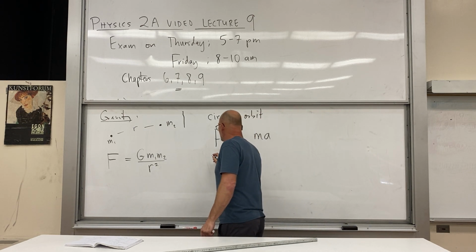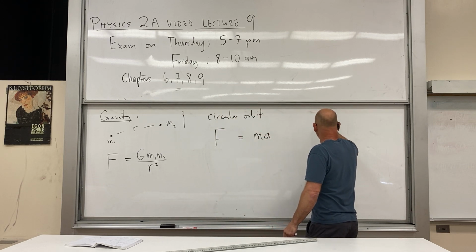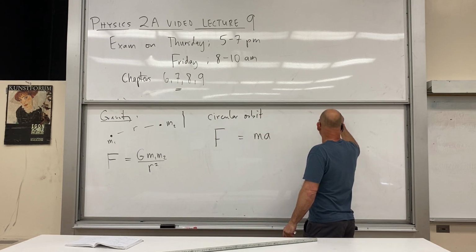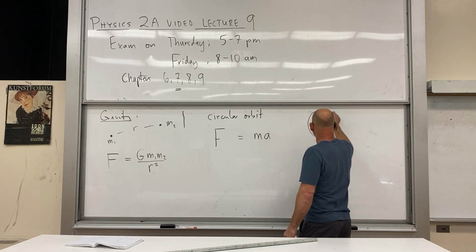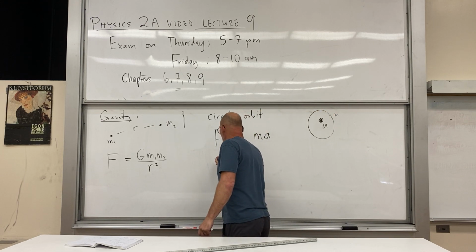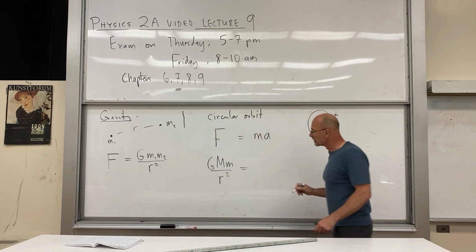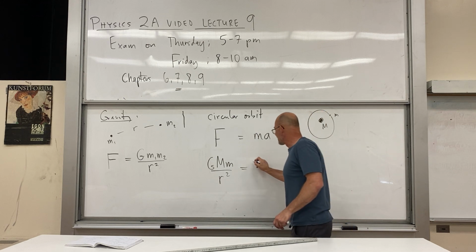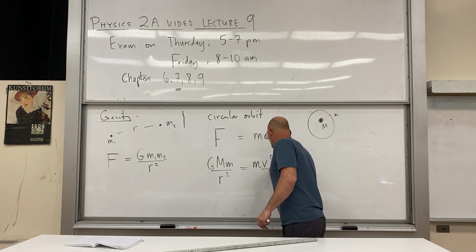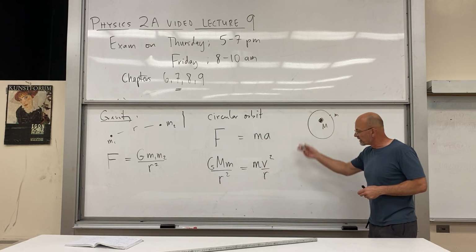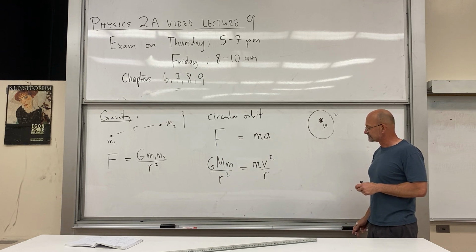Then we have, let's say, a circular orbit around a central body. That way, instead of the subscripts, I use the capital M and the little m. So there's my force. And on the right side, I have m v squared over r because it's a circular orbit and centripetal acceleration.